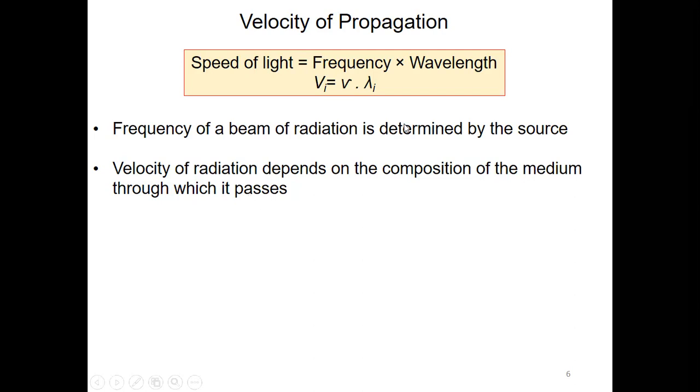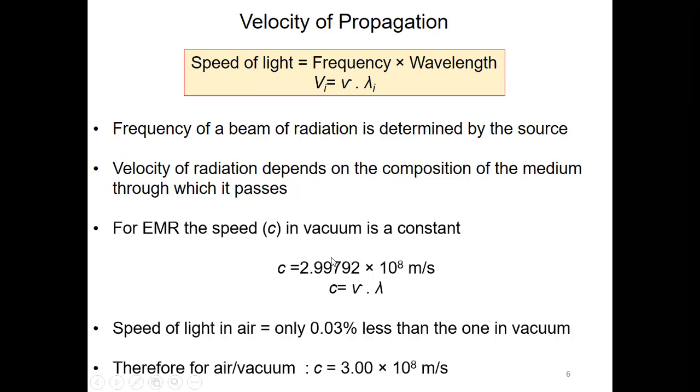And frequency, or nu, is determined by the source of the radiation, and the velocity depends on the composition of the medium. So depending on the composition of the medium, the velocity can change.